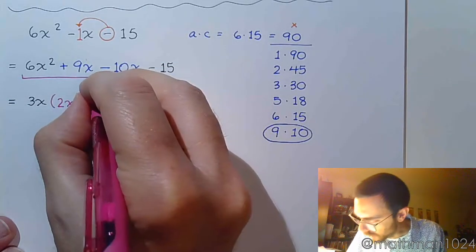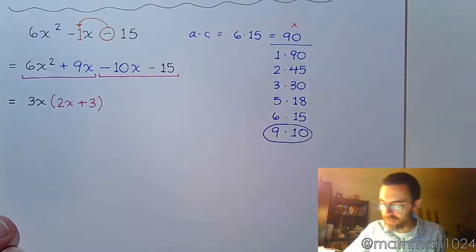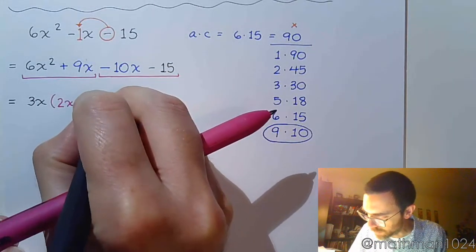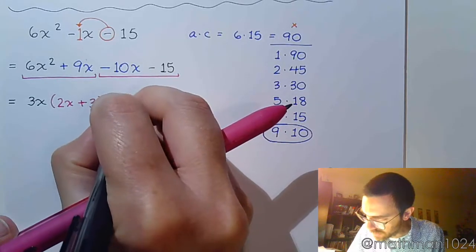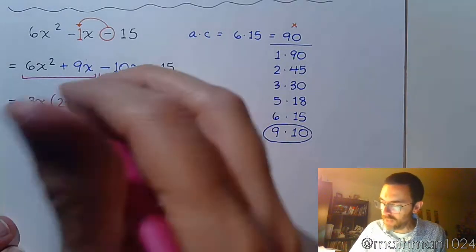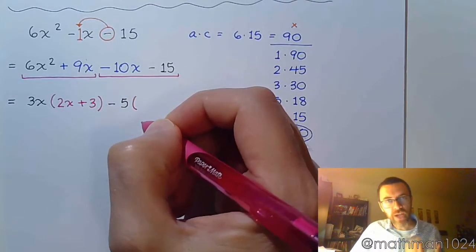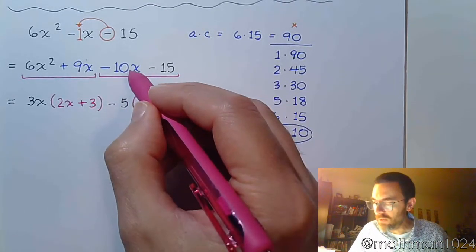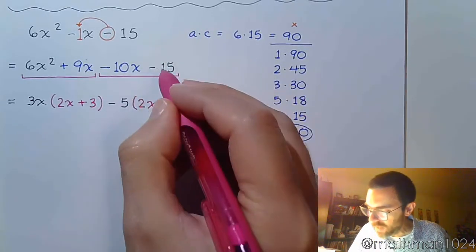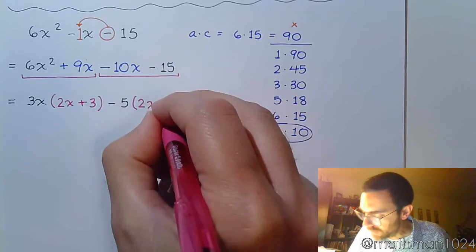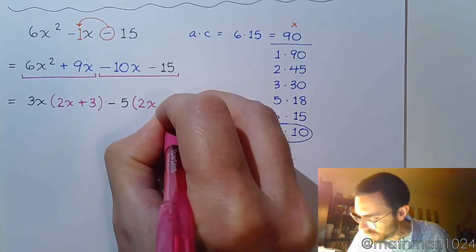All right, in the second group, we lead off with a negative, so we need to make sure we have a minus sign here. The common factor for 10 and 15 is 5. So we are factoring out that negative 5. Negative 10x divided by negative 5 is 2, so that's 2x. Negative 15 divided by negative 5 is positive 3.